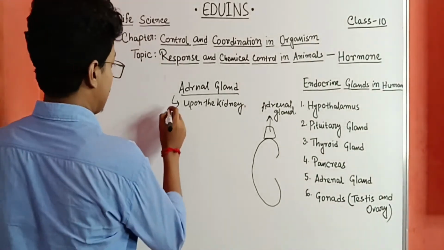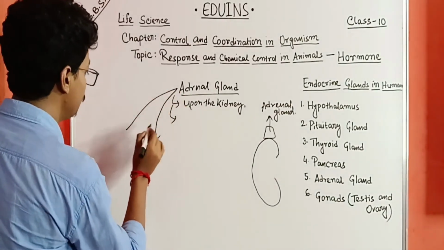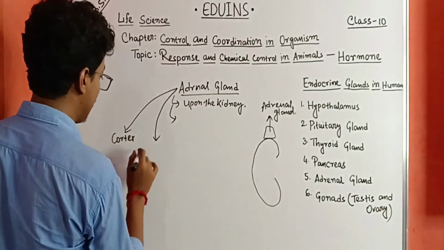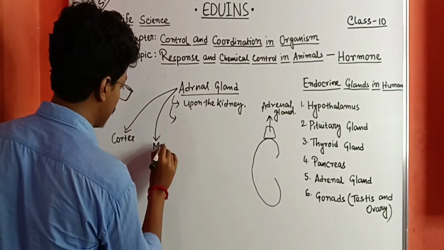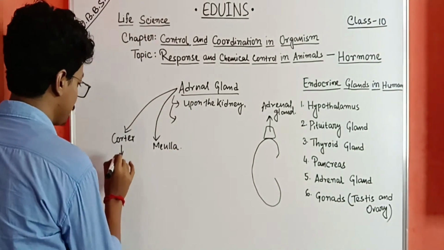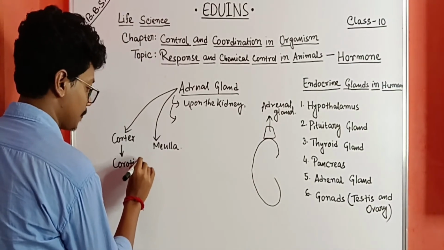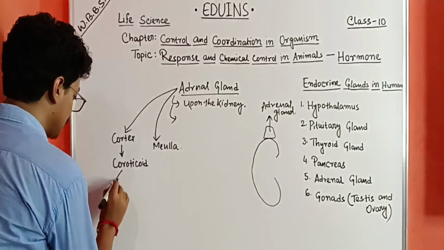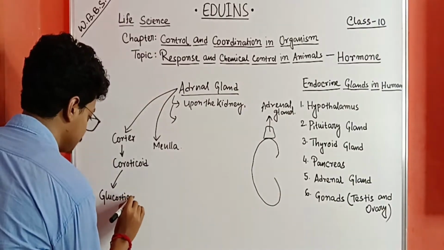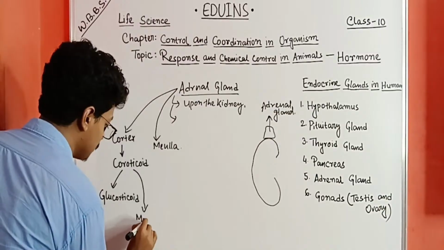Before the releasing hormones, the adrenal gland has two parts, the cortex and the medulla. The cortex releases corticoids. What corticoids? Number 1, glucocorticoid. Number 2 is mineralocorticoid.